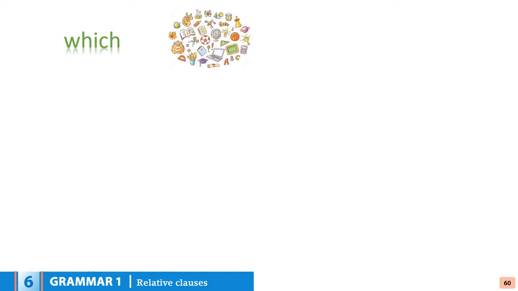Now, all the relative clauses start with a word, and that word is a relative pronoun. And depending on the object they refer to, the pronoun is going to be different. For example, which. So we're going to use which to refer to things and to animals.